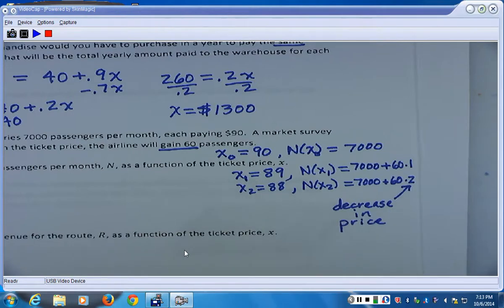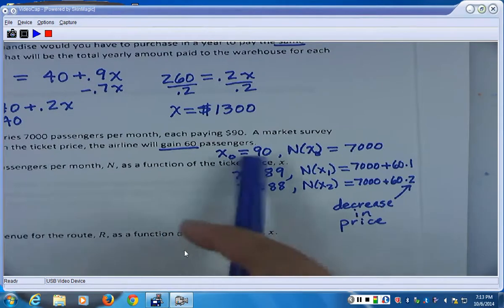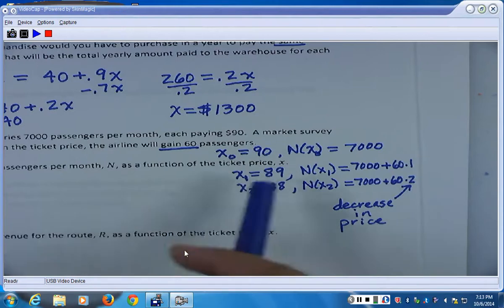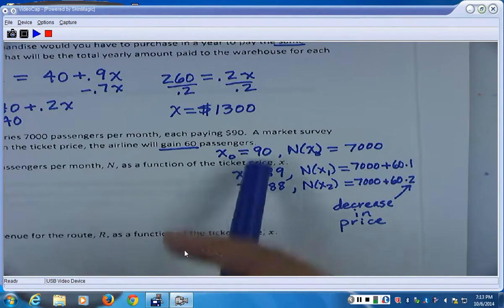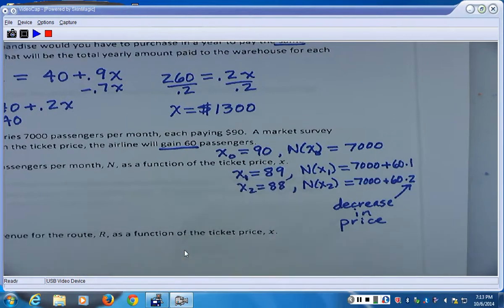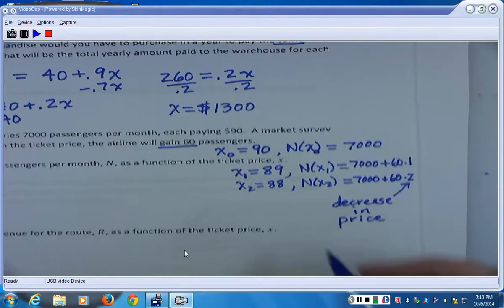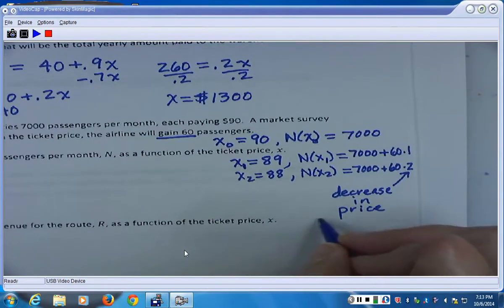So how do we find that number in each of these little examples? We took our original amount and subtracted the new ticket price. So our decrease in price is 90 minus X.